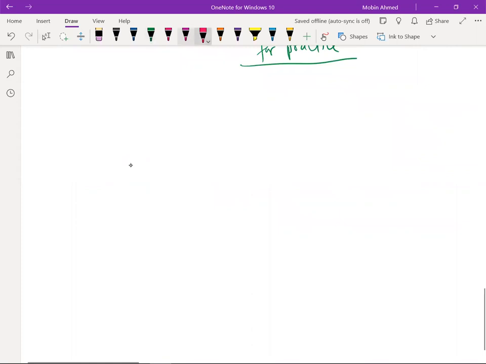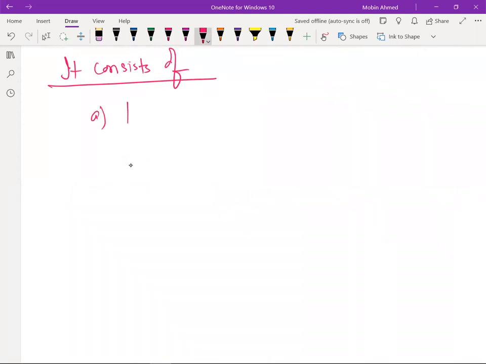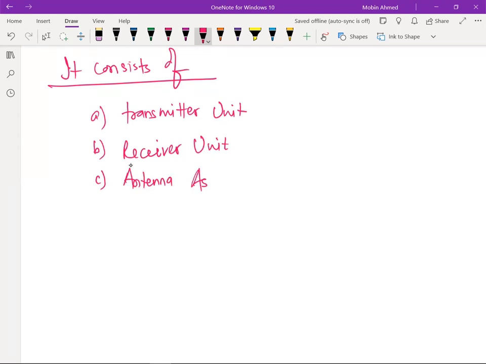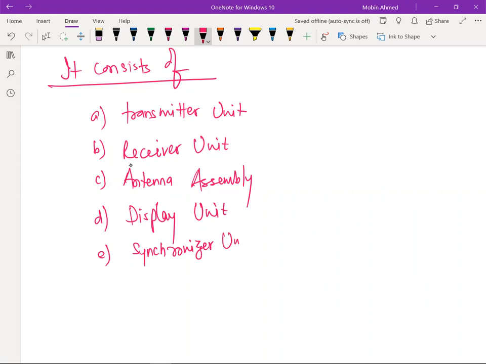So marine radar consists of a transmitter unit, second a receiver unit, then antenna assembly, then display unit, then synchronizer, then power supply unit.